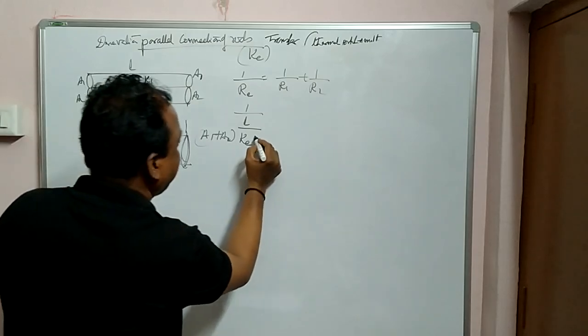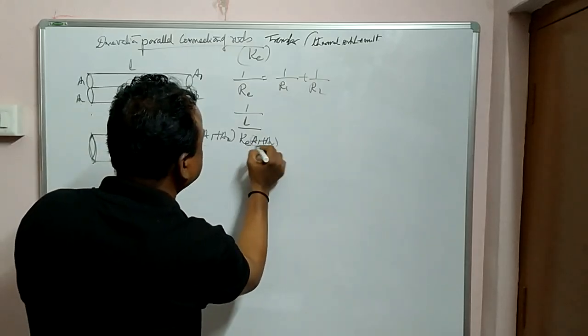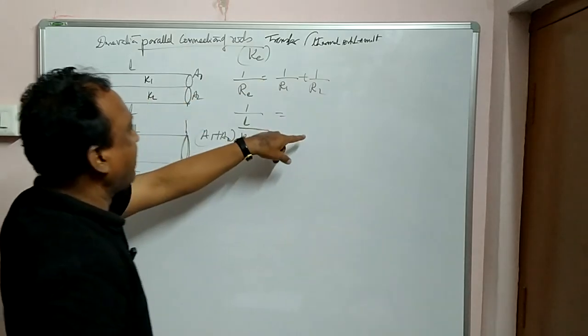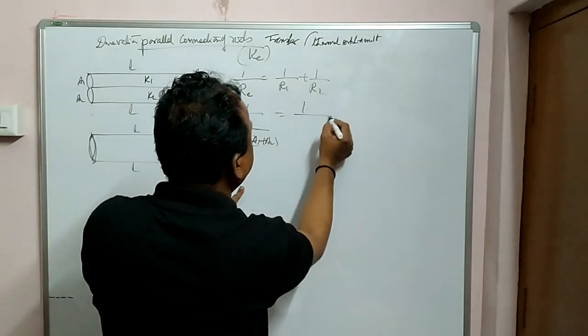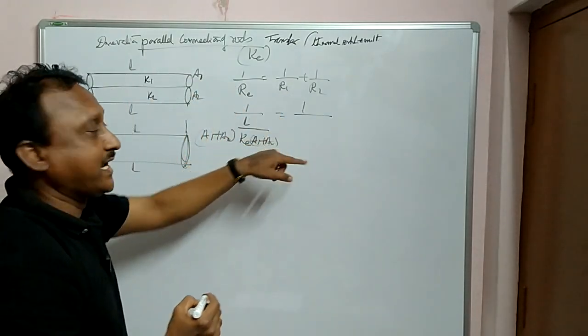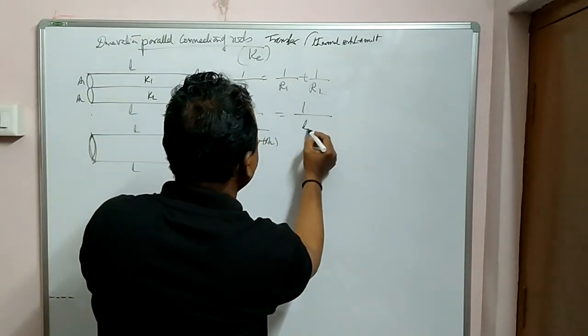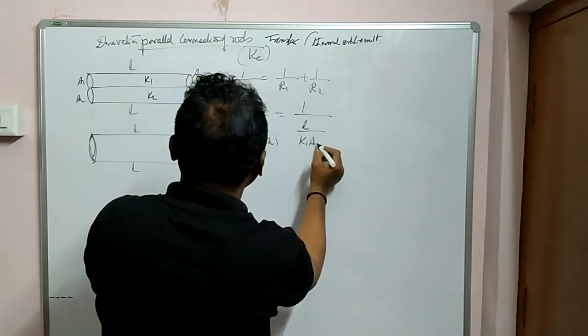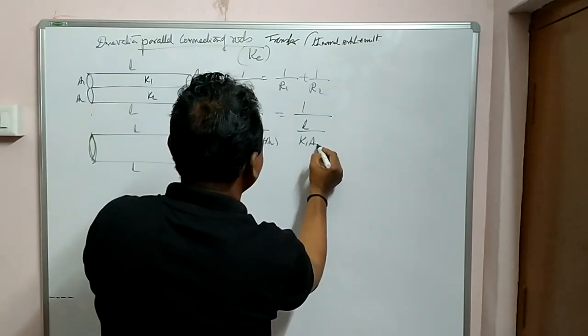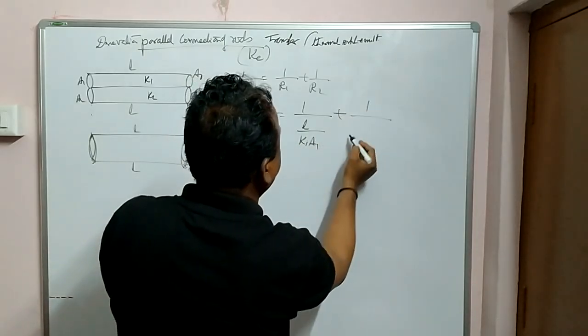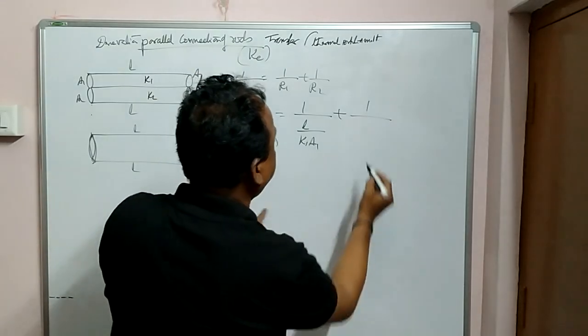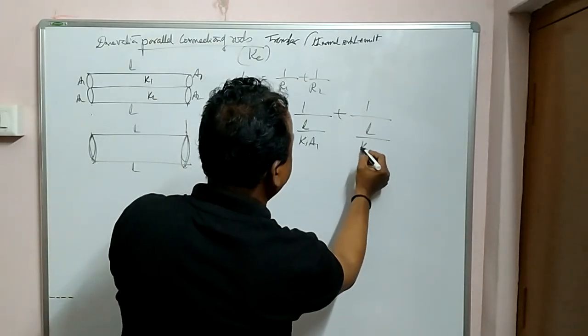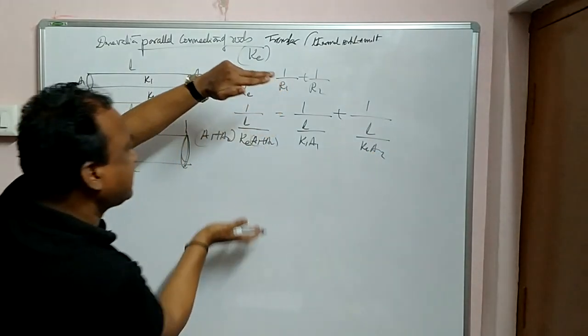Sum of two areas, that is A1 plus A2, is equal to 1 by R1. How will you get 1 by R1? R thermal, L by KA. That means L by K1 A1, plus 1 by R2. R thermal, L by K. L is constant here. L by K2 A2. Now this will go to the top.